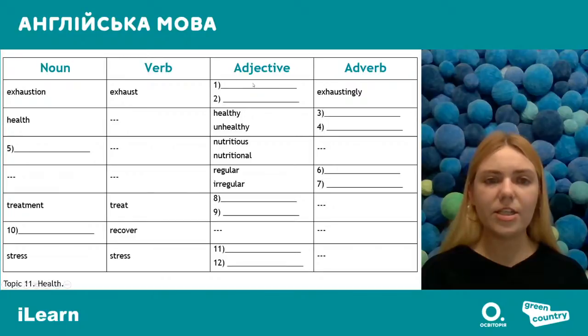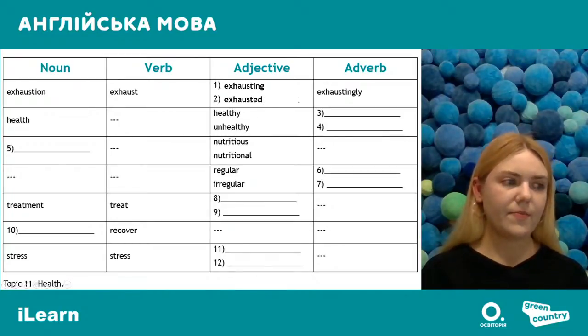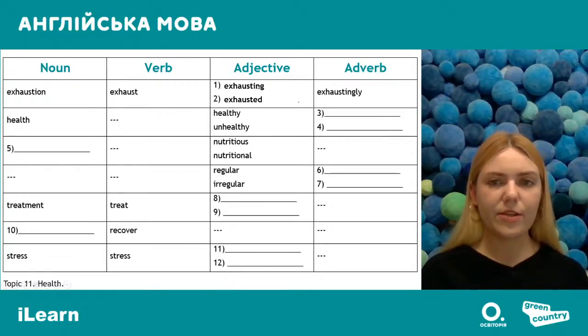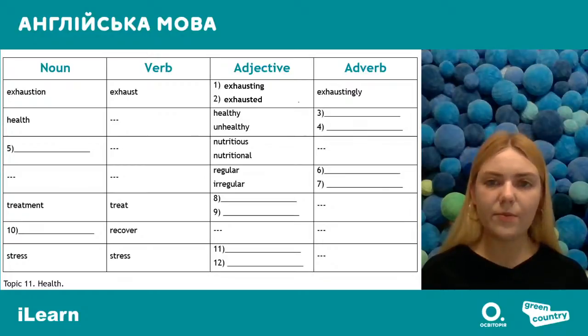So which adjectives can we form with the same root? Які можуть бути два однокорінні прикметники? Yes, you say exhausted, and also we can say exhausting. So something can be exhausting, like for example, a lesson or exercise or some sport games can be exhausting, and you can feel exhausted. Good.